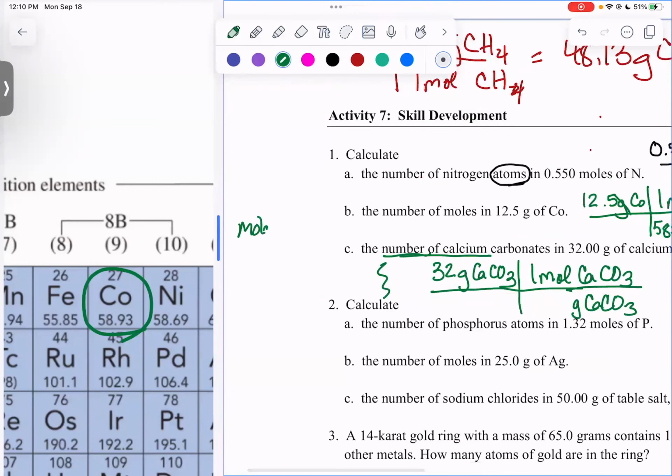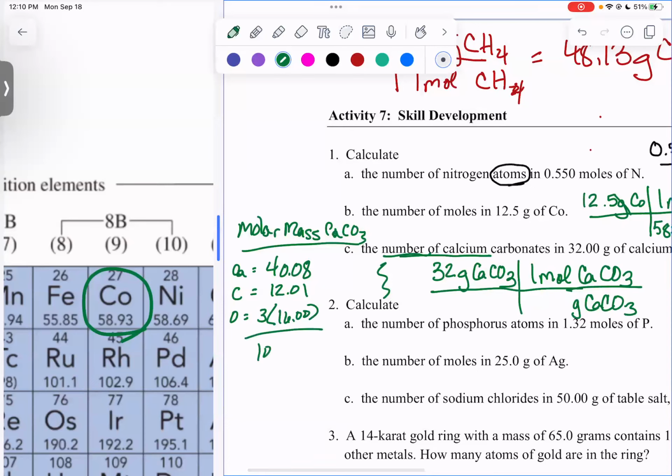I do the molar mass of CaCO3. So calcium is 40.08, then carbon is 12.01, and then oxygen is 3 times, because I have 3 atoms, 16.00. So if I add all of those up, I should get 100.09 grams. And don't round this stuff, just wait to round until the very end.